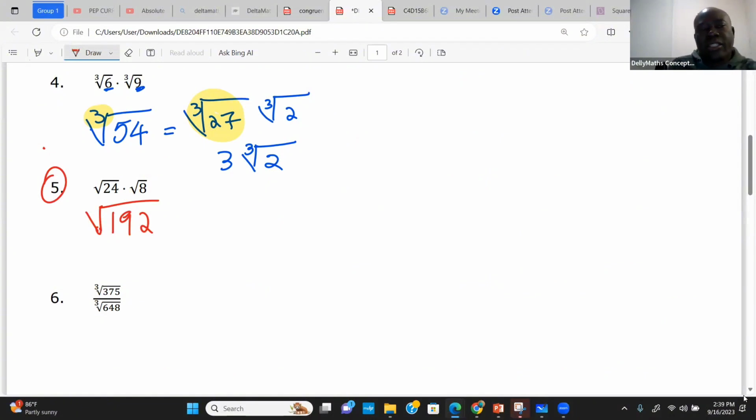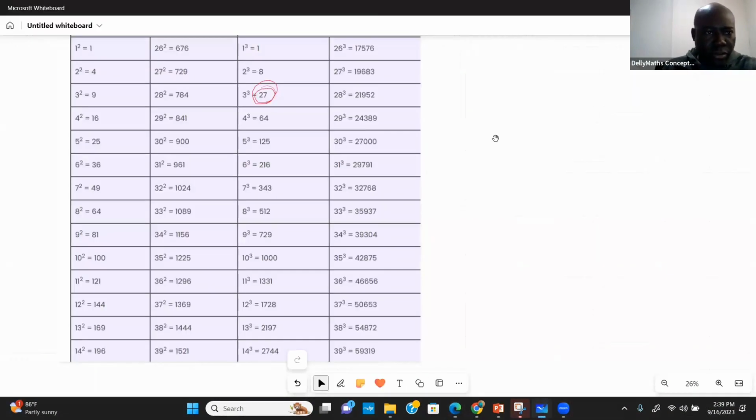Now I'm going to try to see which square number, or the biggest square number, is a factor of this. So I could just take a look if I don't remember. I have a list of square numbers here. So we want to know which one of these numbers works. You could just divide through by any one of these. You could divide by the 4, divide by the 9, divide by the 16 until you get an integer, right?